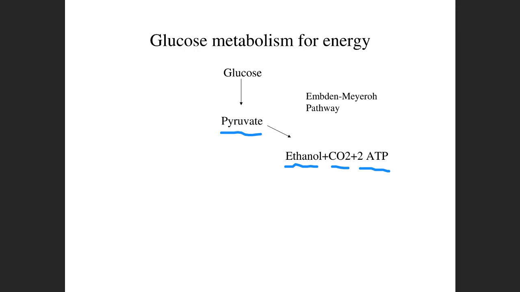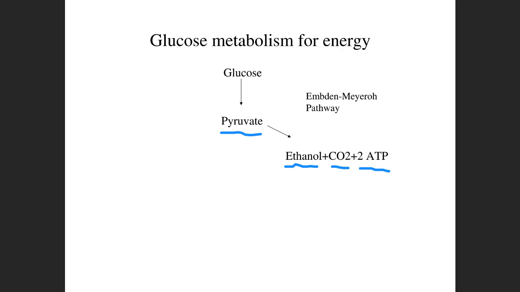Then you also need to understand which microbes can actually carry out this process. Now if it's only this process, then yeast is the representative that can carry out this particular process perfectly, right?